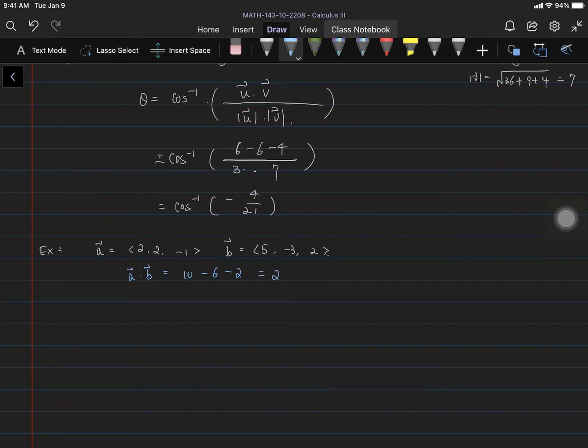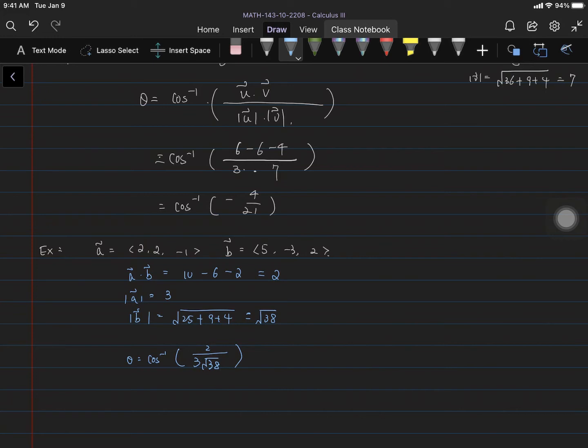And the length of A is 3, the length of B is the square root of 25 plus 9 plus 4, which is root 38. So our angle equals cosine inverse of 2 over 3 root 38. Okay, that's the angle.